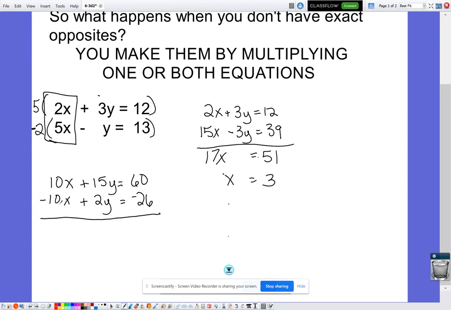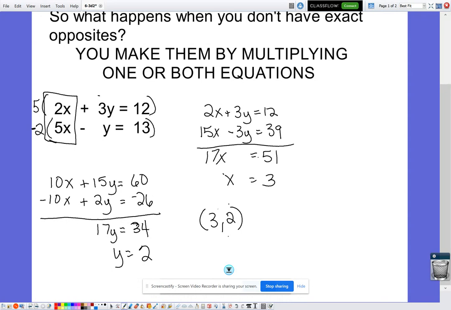Now I have exact opposites in my x's, and I can add down and get 17y equals 34, so y equals 2. So my point of intersection is 3, 2. Okay, that's what I meant by pure elimination.